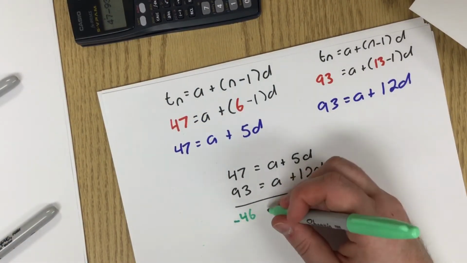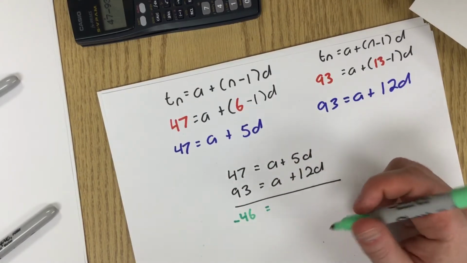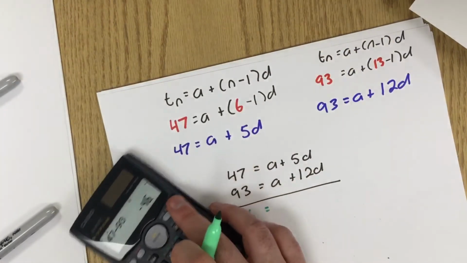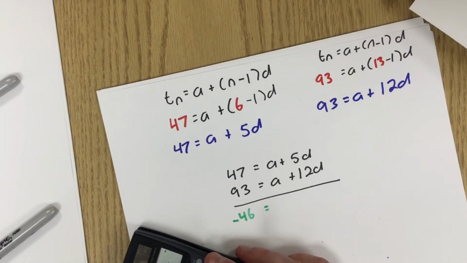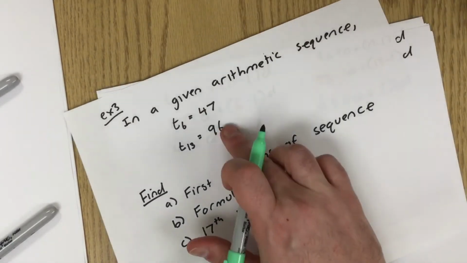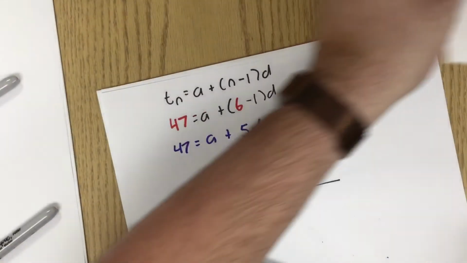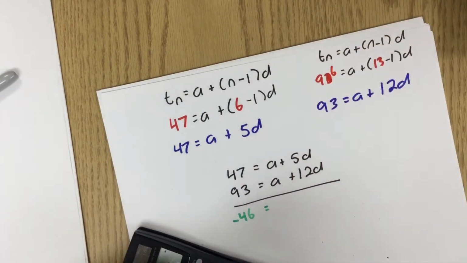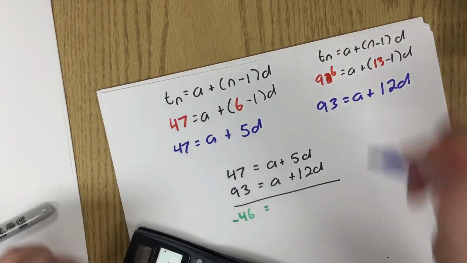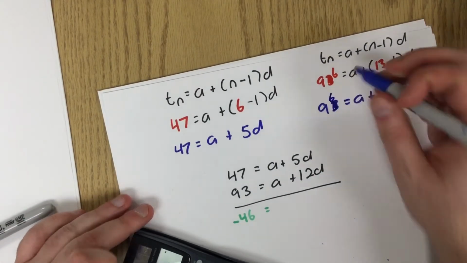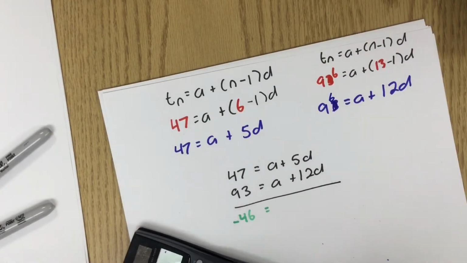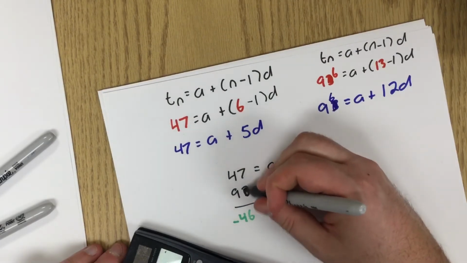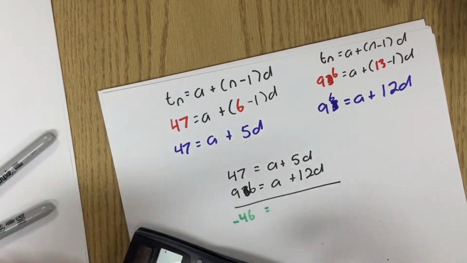And then 5 minus 12 is, I did that wrong, didn't I? That's 96, which means this should be 96, because I realized it wasn't going to be a pretty number here.